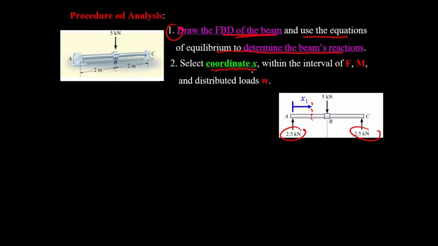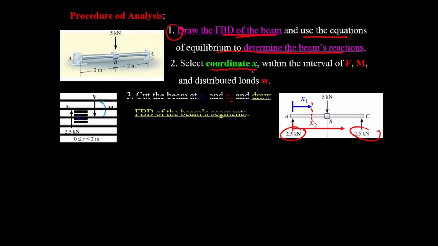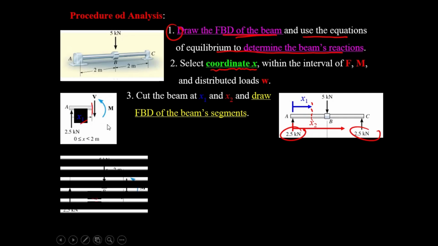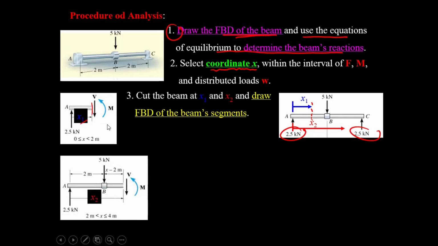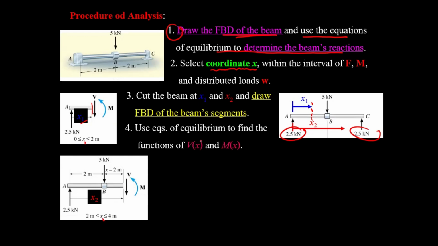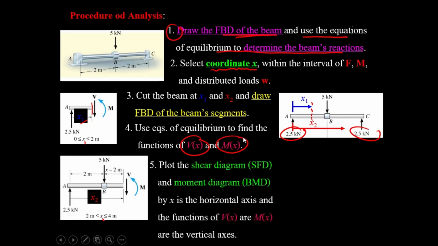When you select the coordinates x1 and x2, just cut the section at that given coordinate, and determine the equations V sub x1 and V sub x2, M sub x1 and M sub x2.